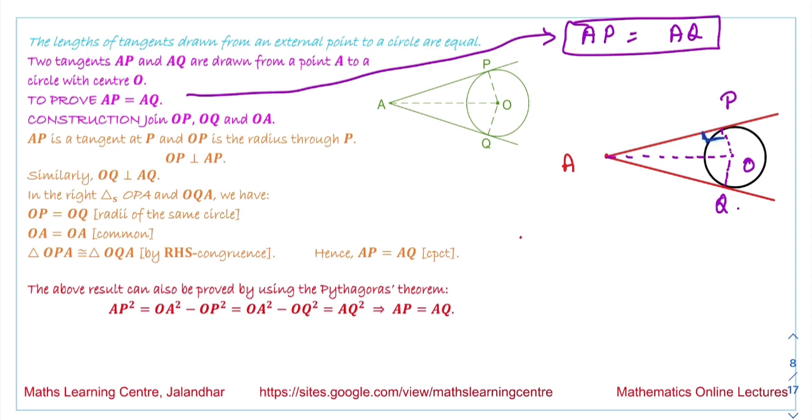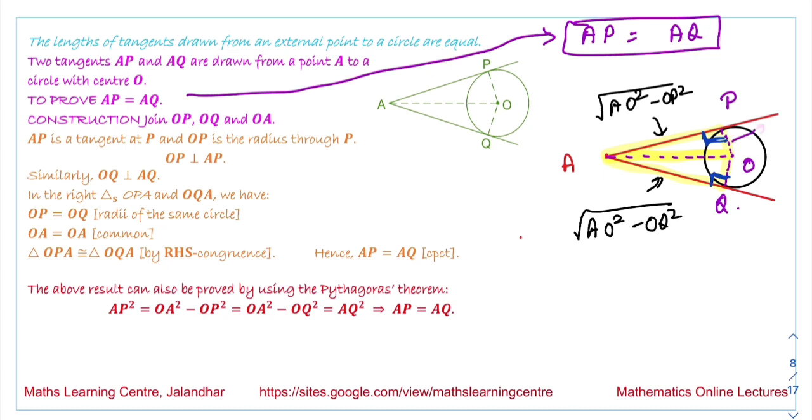It means both these angles are of measure 90 degrees, so triangles AOP and AOQ are right angled triangles. Now using the Pythagoras theorem, the length of this side is square root of AO square minus OP square, and the length of this side will be square root of AO square minus OQ square.